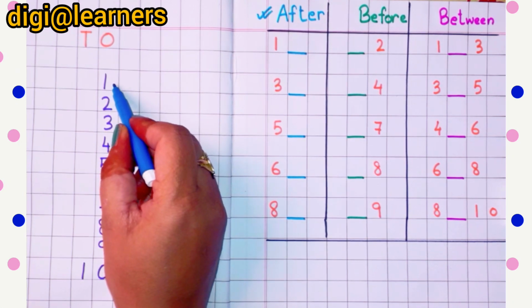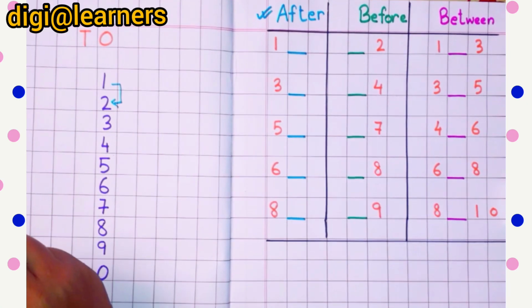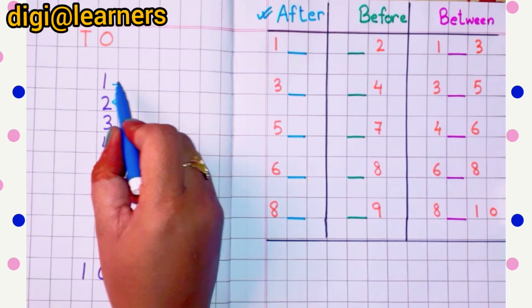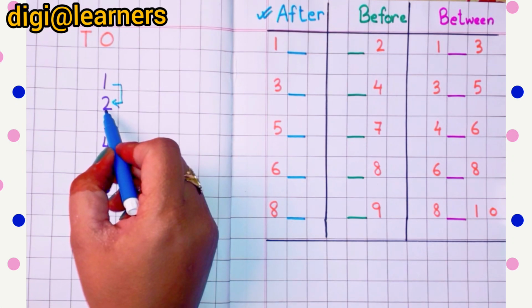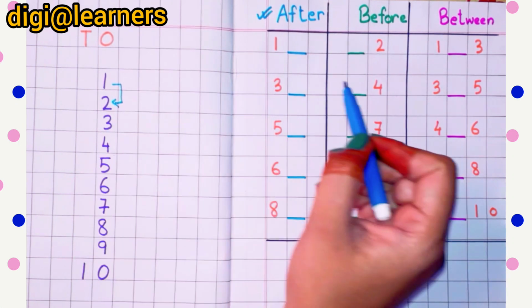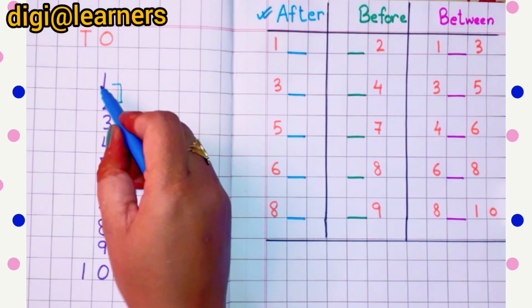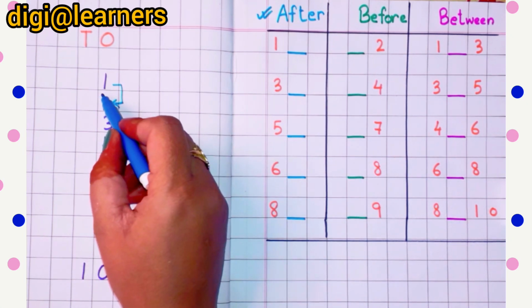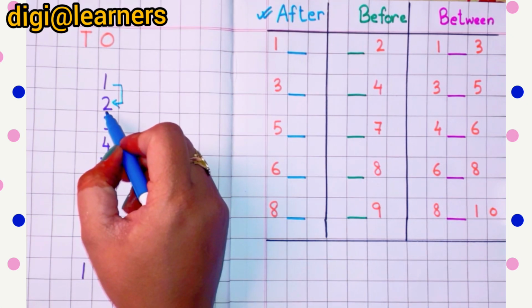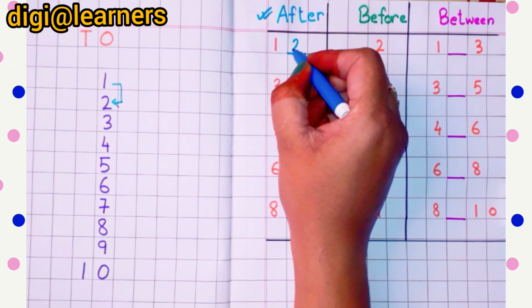What comes below 1? Below 1 comes 2. We will keep in mind that the after number means the number which is coming below. So what comes below 1 comes 2. That means what comes after 1? After 1 comes 2. So we are going to write here 2.